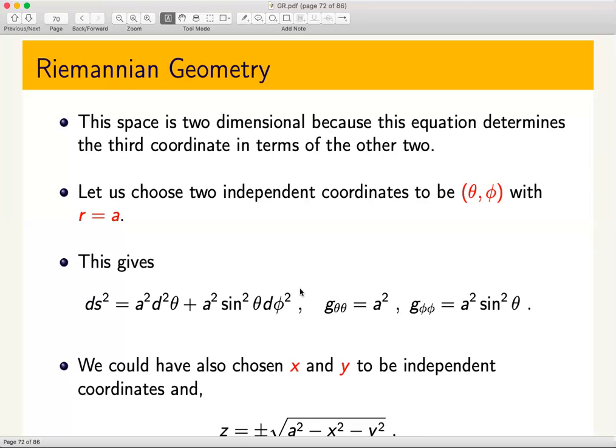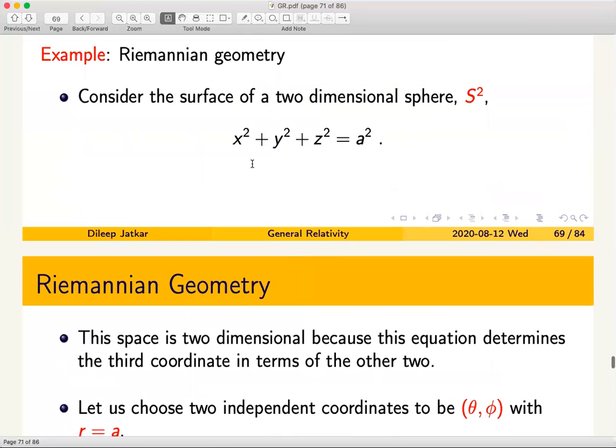Of course, if you are not on the surface, but elevated a few meters above it, then you'll have to give the third coordinate. But if you are on the surface, which is precisely the definition of a sphere, then you really need only two coordinates.